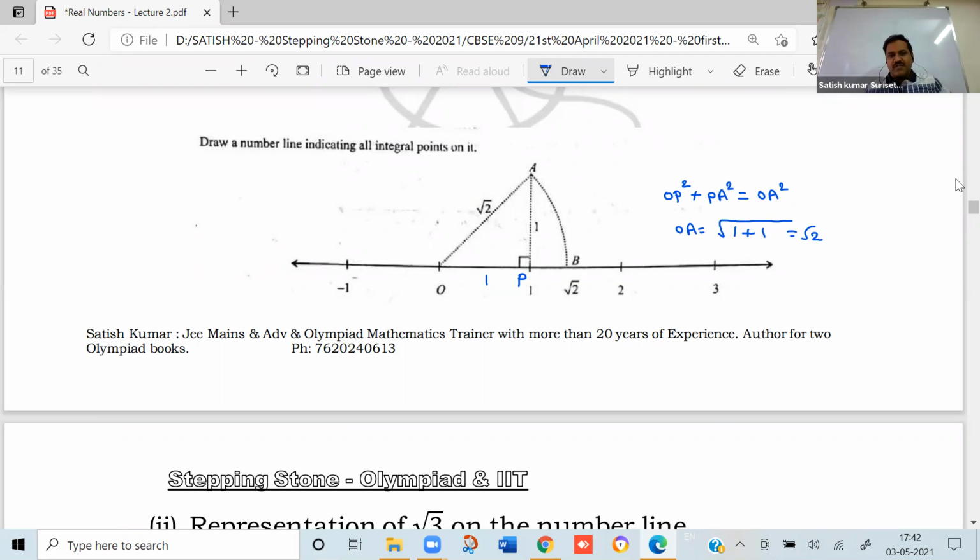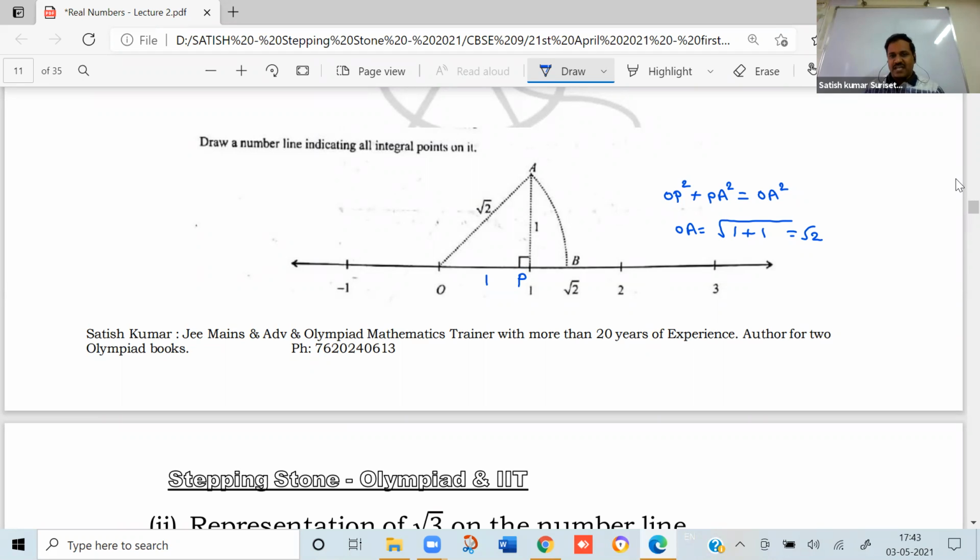Now we need to represent root 2 as a point on the number line. When you want to represent root 2 as a point on the number line, what you do is take OA as a radius and draw an arc with O as center. That is a part of a circle with center O and OA as a radius.